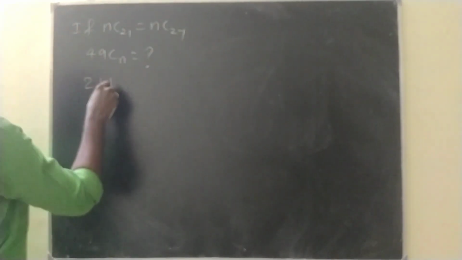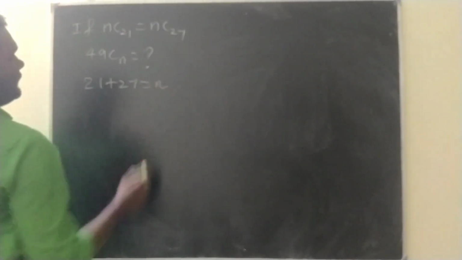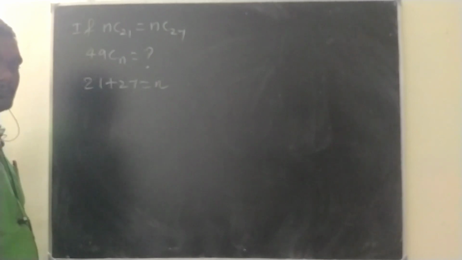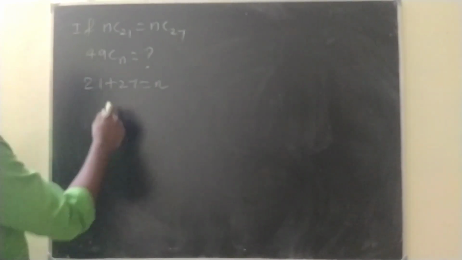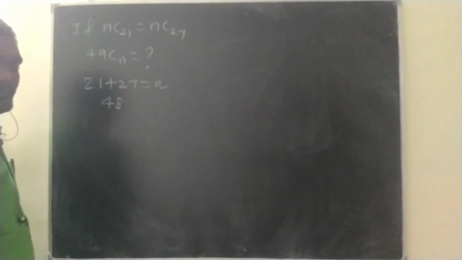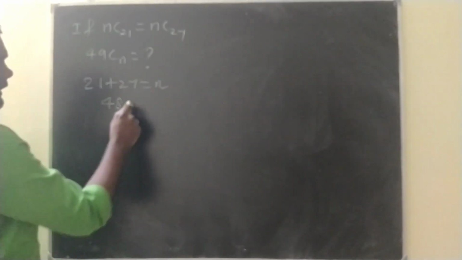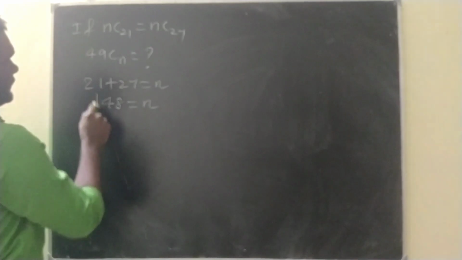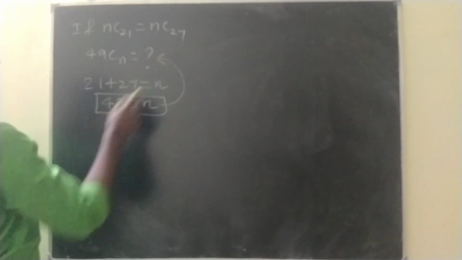Perfect. 21 plus 27 is equal to N. Then 21 plus 27 is 48, that is equal to N. Then substitute that N here.